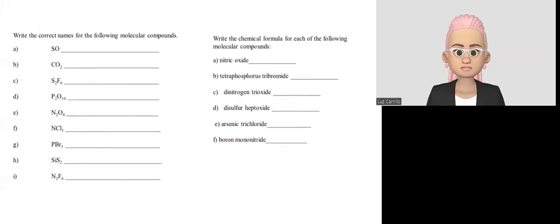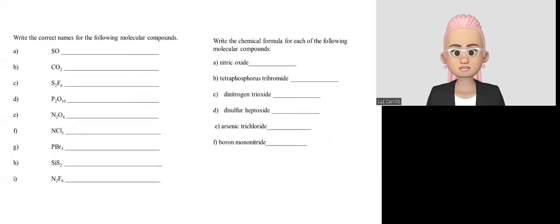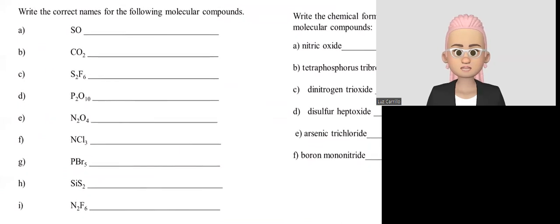So I'm going to do the examples on the left side, specifically E and F. Remember that the rules for naming molecular compounds are the presence of a prefix and the name of the element, and these rules are for the first nonmetal. Remember that that also applies to a metalloid.